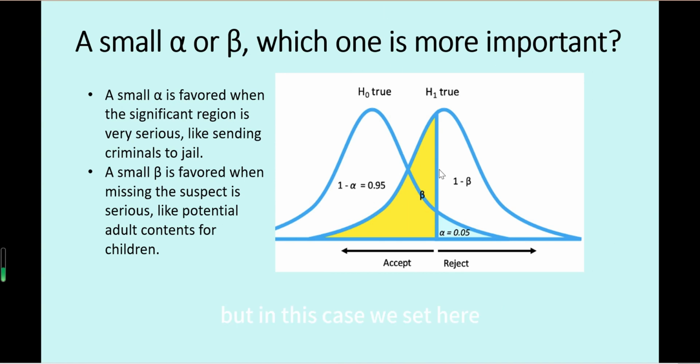But in this case, we set the critical region here, and alpha will be bigger. Because this line will be here, the yellow area will be less, but the blue area will be bigger. Which means there are many wrongly rejected cases. Many contents that are not adult, we take as adult, right?